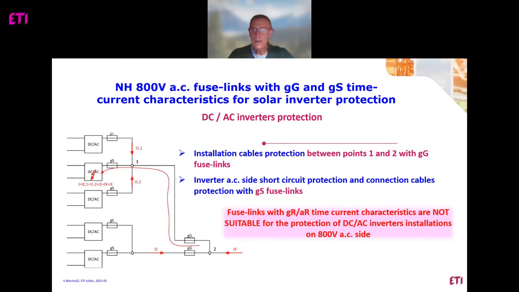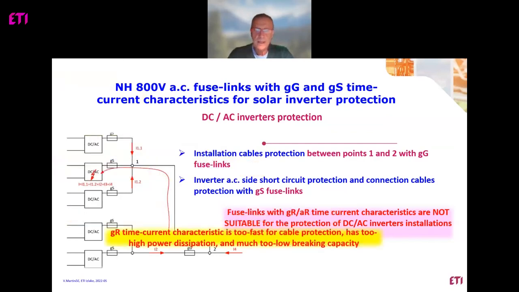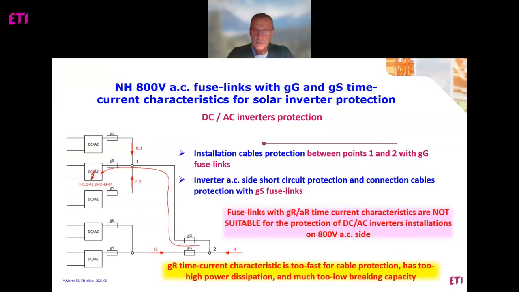Fuse links with gR or aR time-current characteristic are not suitable for the protection of DC-AC inverter installations on the 800 volt side, because gR is too fast for cable protection, has much higher power dissipation, and too low breaking capacity.